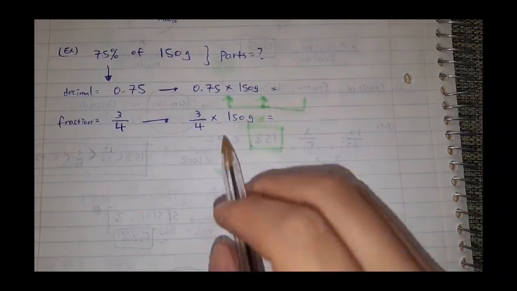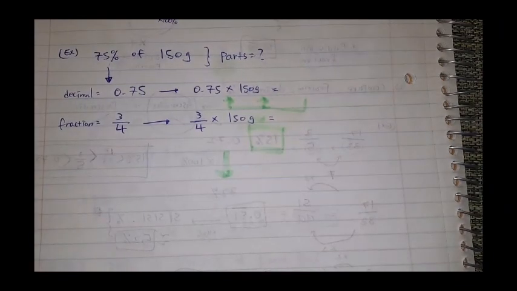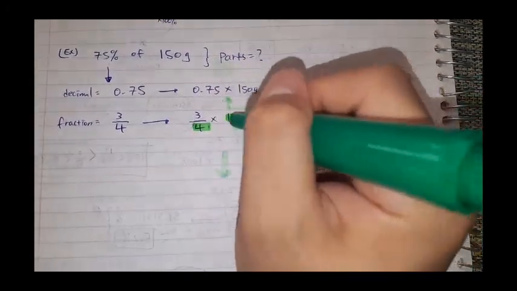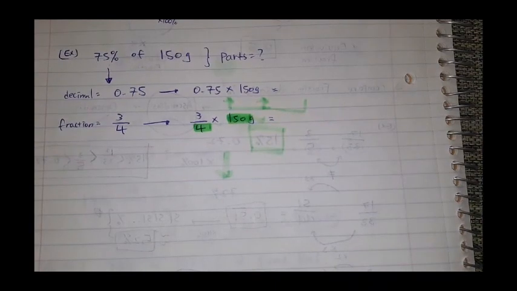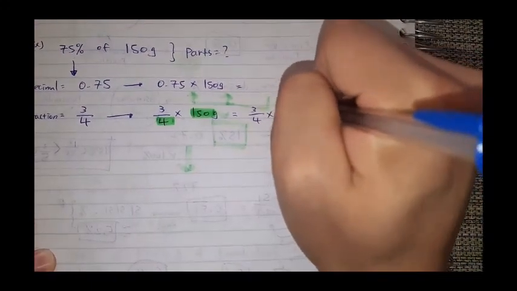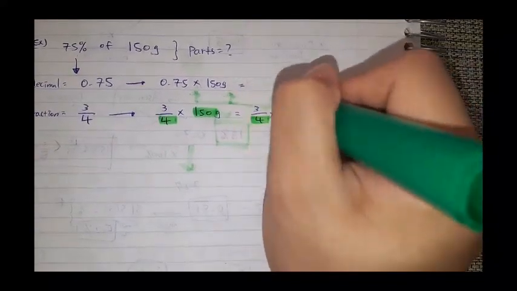I'm going to do the fraction part to show you, because that involves some mental math in here. Whenever you see a denominator and a whole number, you can put this into a fraction again, like 3 over 4 multiplied by 150 over 1. Whatever is diagonally placed multiplication, we call it cross multiplication and simplification.